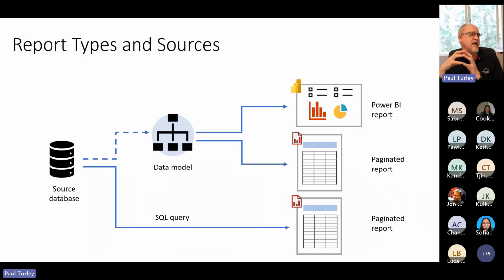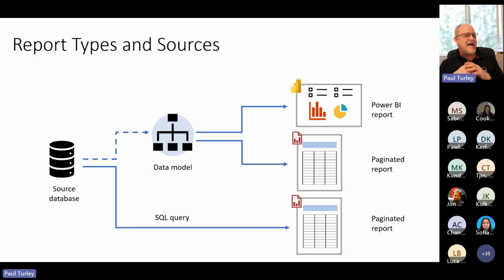And we can organize most data in a star schema, but there are some types of data, some structures of data, and some reporting scenarios requiring data that doesn't fit really well into a star schema. And so if we can get 90 or 95% of our data into a star schema and build a semantic data model, then that model can be used to surface data for both Power BI interactive reports as well as paginated reports or long list type reports.